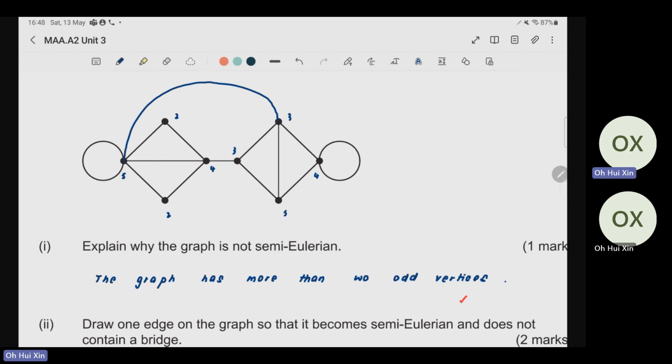Either you draw a line here, or here, or here. Any one will do, as long as it goes from one side to the other and you are connecting the odd vertices together. So that's question 2.